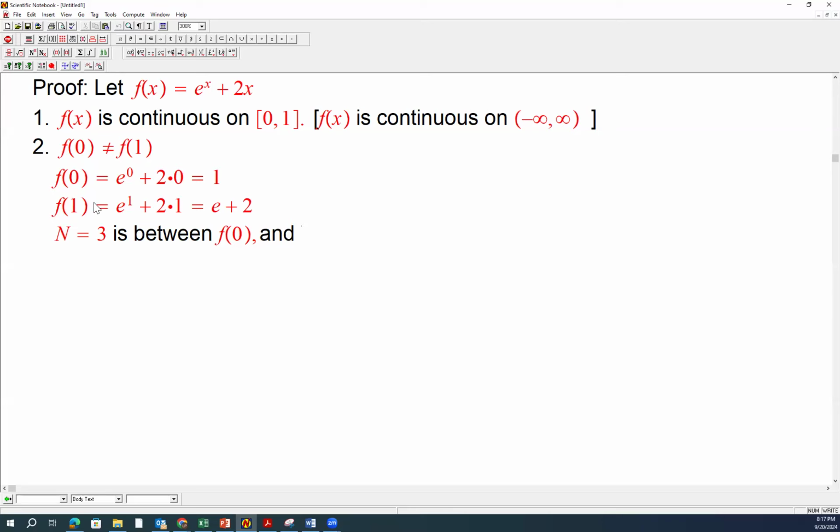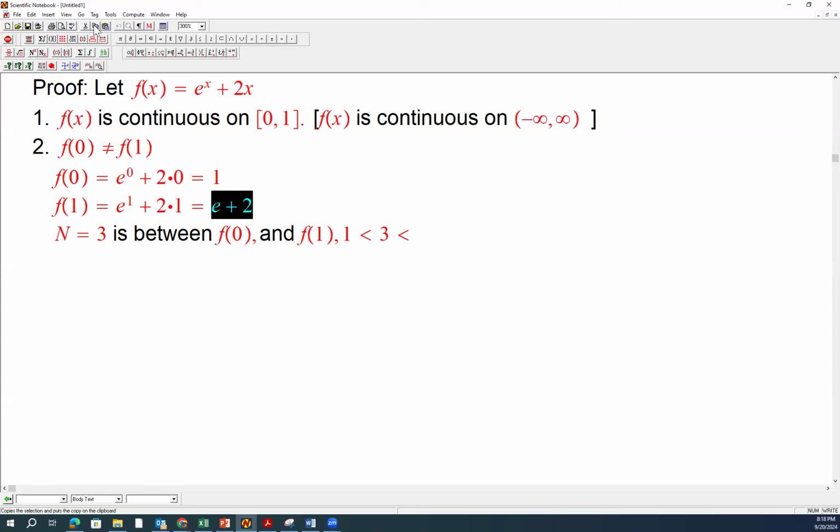Some of you, I know you probably learned it somewhere, write it as: 1 is less than 3, and 3 is less than e plus 2.